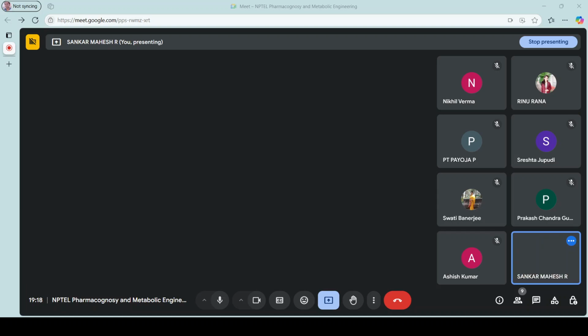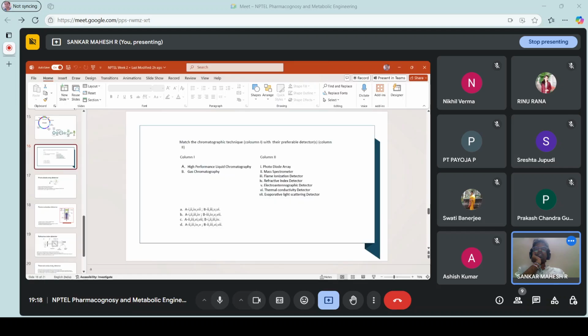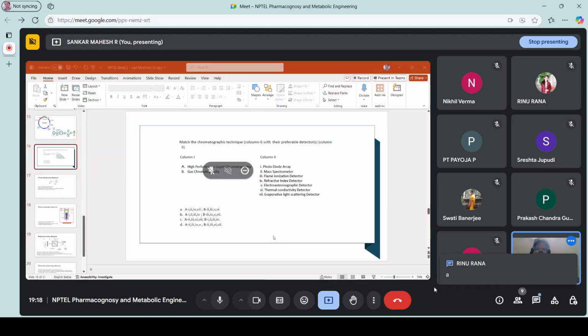Okay, so I was mentioning a particular kind of detector. Yeah, who is it? Yeah, Renu Rama. Okay, Renu. I was giving a hint to identify the right option here. I mentioned that one of these detectors can only be applied with gas chromatography.